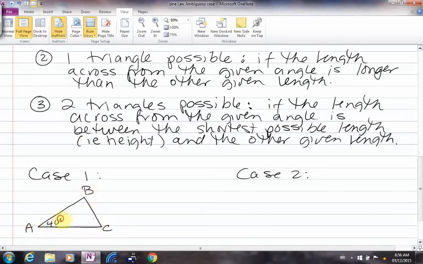Where A was 40 degrees, side C was 30 centimeters, side A was 22 centimeters, and we formed it by going away from A instead of towards A. And case 2, same measurements, but now we swing it back towards A when we complete the triangle.